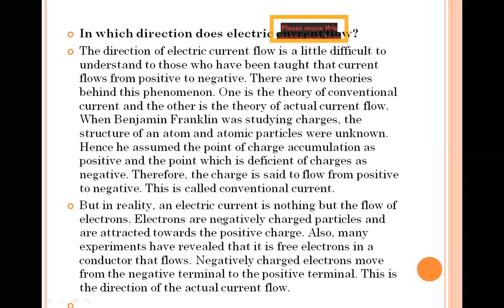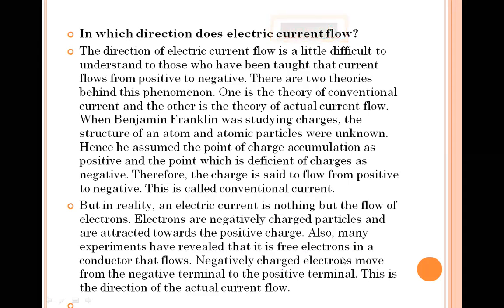But in reality, electric current is nothing but the flow of electrons. Electrons are negative charges and are attracted towards the positive charge. Also, many experiments have revealed that it is the free electrons in the conductor that flow. Negatively charged electrons move from the negative terminal to the positive terminal.